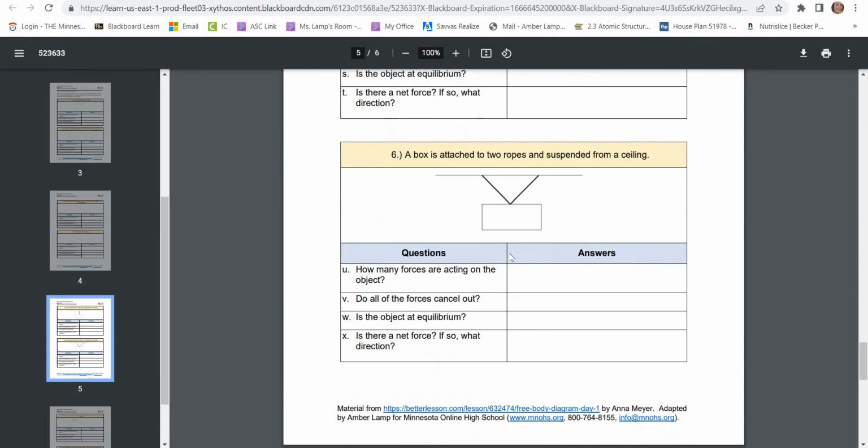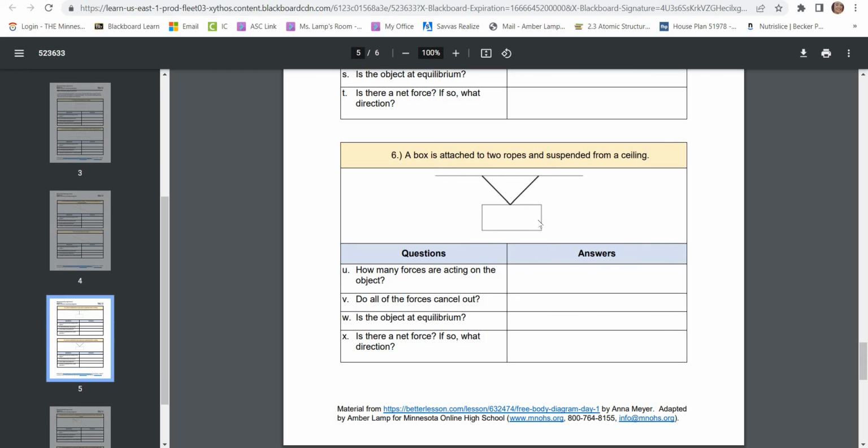Now, if we look at number 6, which I know you mentioned, this one is suspended from a ceiling with 2 ropes. The only thing that's different with this is since we have 2 ropes, the ropes both have an X and Y axis vector. So you're going to have a certain amount of force pulling up, and a certain amount of the force is going to be going towards this horizontal direction.